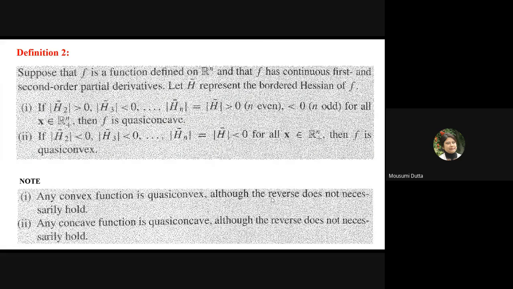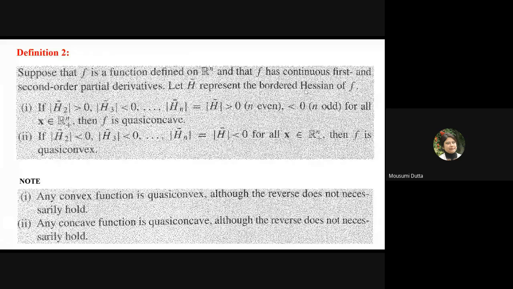I think you are not aware of these definitions of quasi-concavity and quasi-convexity using the bordered Hessian determinant. Did you do this definition using the bordered Hessian determinant? No, ma'am. Okay.